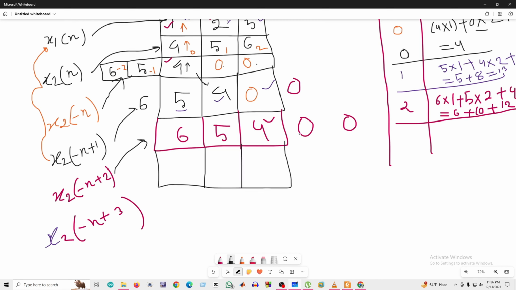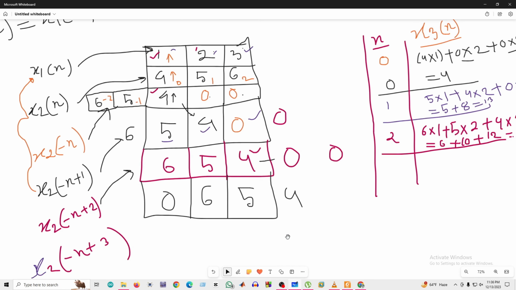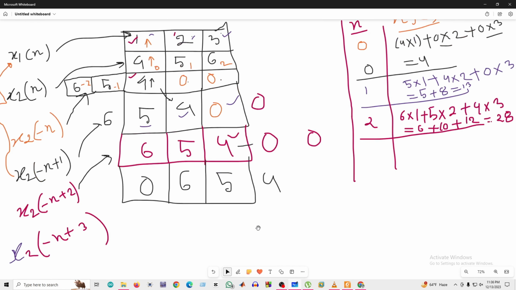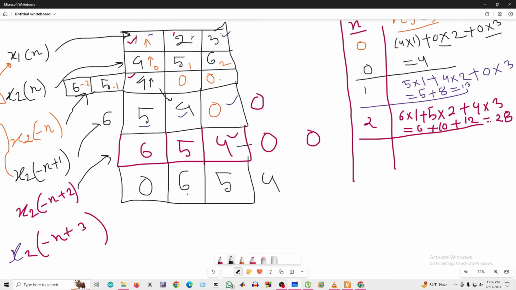So if you delay the third sample, the 4 is out of the cell. So the 5 is there, and the 6 is here, and there is 0, and the 4 is now out of the cell, and this is your x of 2 minus n plus 3 situation, basically, right?